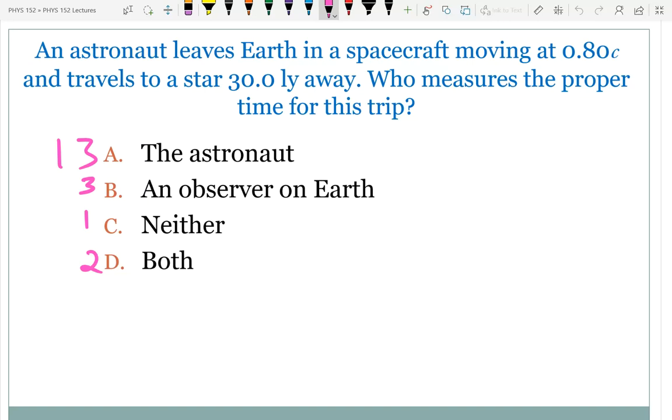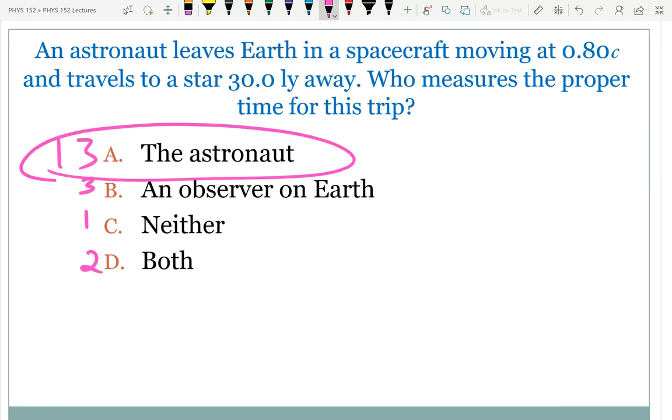You're just going at a constant zero while Earth is flying away that way. So the astronaut sees themselves as stationary. Their clock is stationary. The starting point is right where they are, and the ending point is right where they are. So they're going to measure the proper time for the trip.